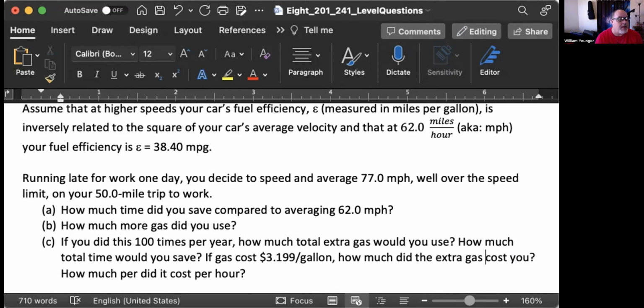So in part A, they want to know time saved. So I'll write T saved equals question mark for S average equals, in this case, 77.0 mph. Part B, it says how much more gas did you use?